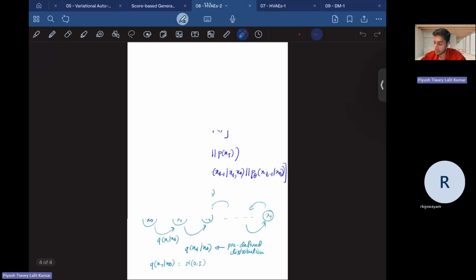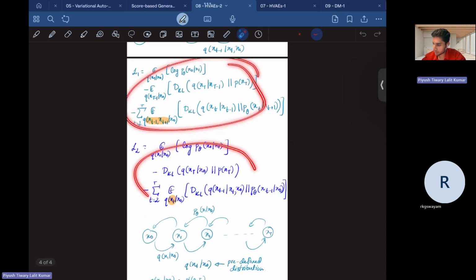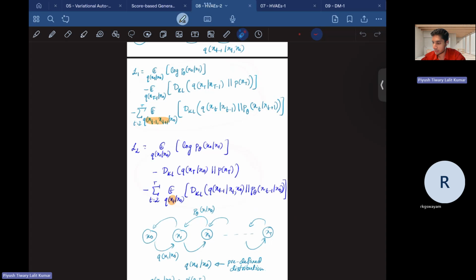Yeah, and in fact, in the last lecture, we saw exactly that. This was the first objective, and this was the second objective that we derived. And we said that the second objective is of our interest since it involves expectation over only a single random variable.